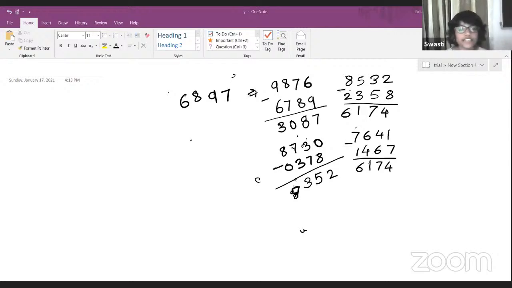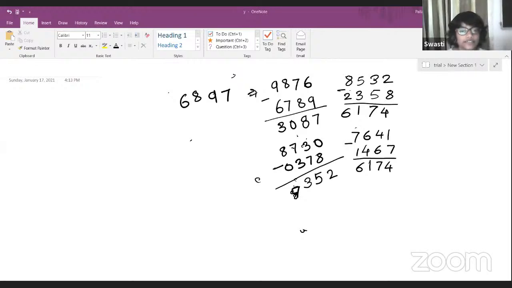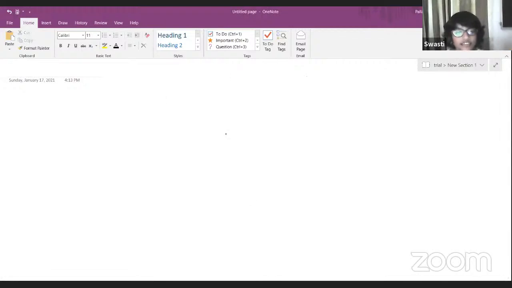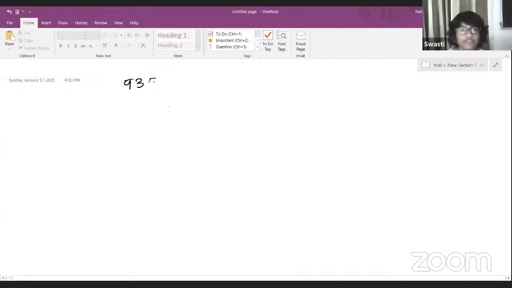Do you want to check for another 4-digit number? Let's see. Who wants to tell another 4-digit number? Okay. Can you unmute someone, Saiti? Vedant, Sai, Arun, Prasad. Yes, sir. It is 9352.